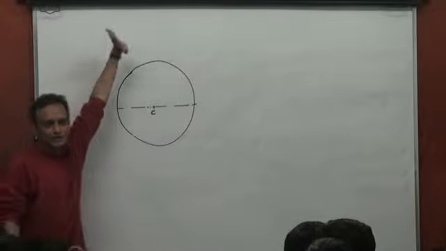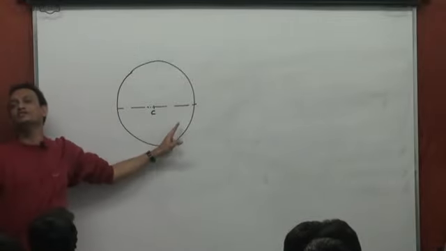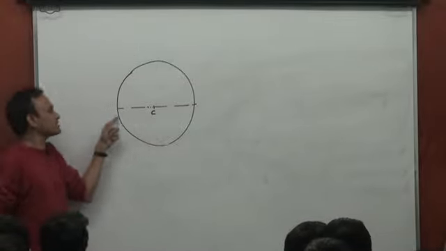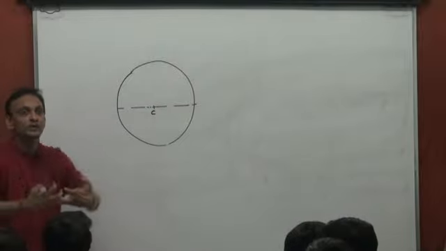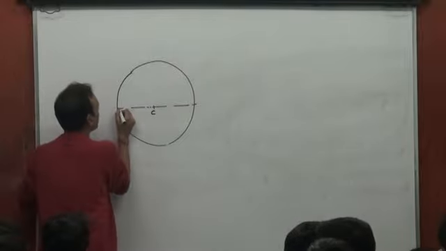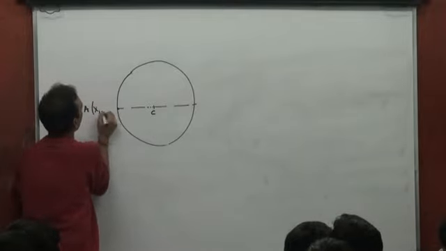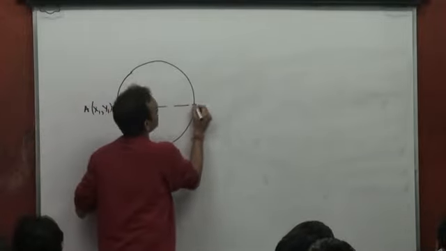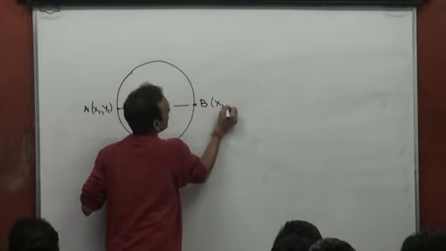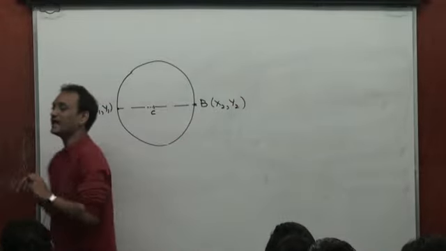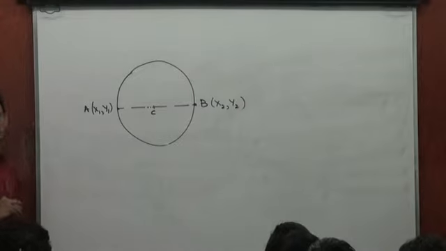So then we're talking of a circle in the xy plane, given the center and given the radius of the circle. Now, let's say they give you a circle whose diameter is constituted by AB. That means x1, y1 and x2, y2 are the endpoints of the diameter of a circle. Clear?